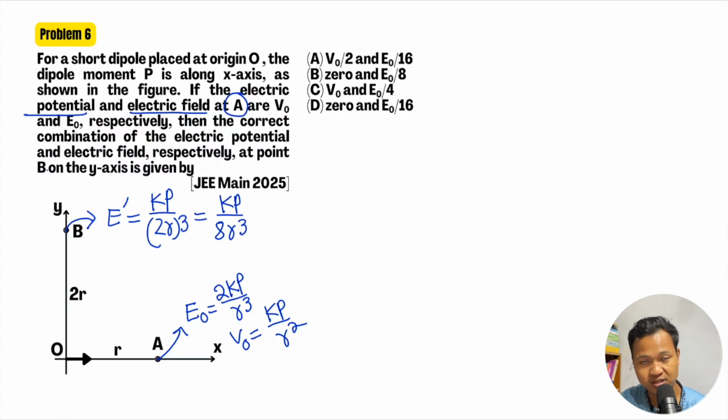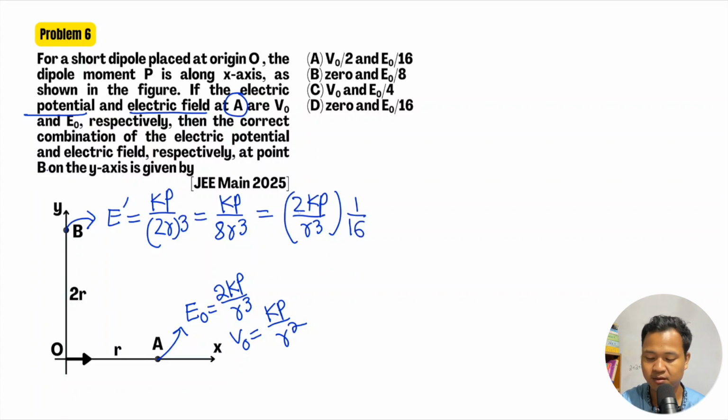I want to write this in terms of E naught. I can write this as 2 Kp divided by r cube into 1 by 16, and the 2Kp by r cube is the given E naught.